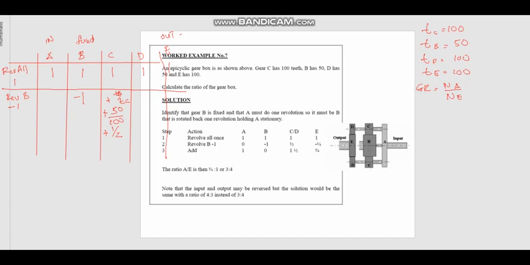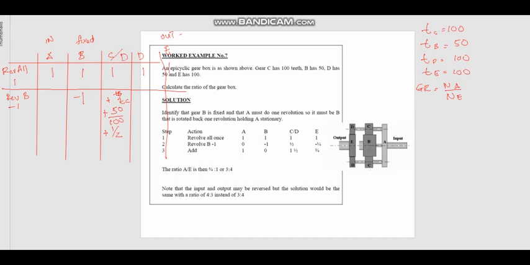Next we look at what happens next. B is attached to C, and C is attached to D, so the number of rotations of C is equal to the number of rotations of D. So actually we can combine them: C and D can be combined in one column.